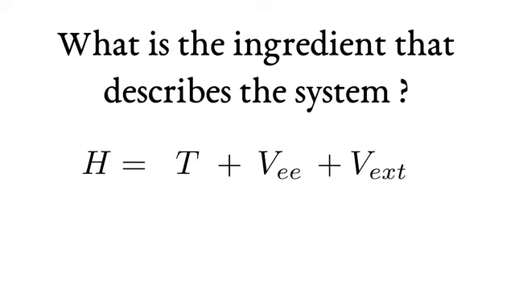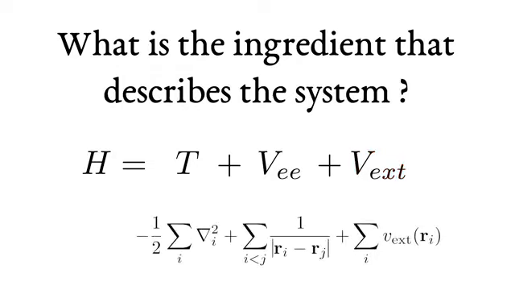If we have a non-relativistic Hamiltonian of a many-electron system in the Born-Oppenheimer approximation, the ingredients are the kinetic term that acts on each electron, the electron-electron interaction given by the Coulomb potential that acts on each couple of electrons, and the external potential, for example, given by the potential of the nuclei that again acts on each single electron. So, in this case, what is the ingredient that defines the system?